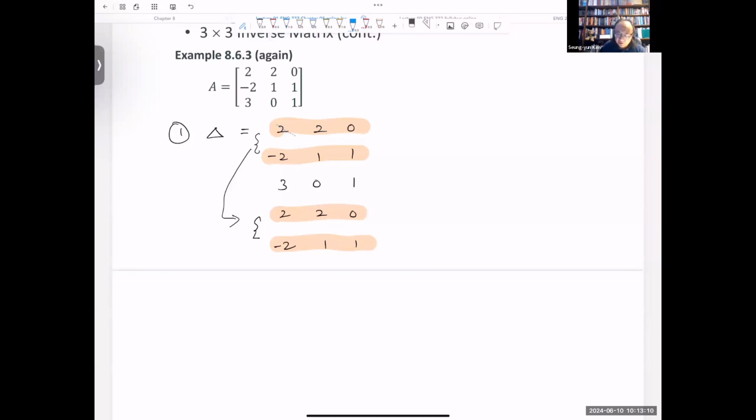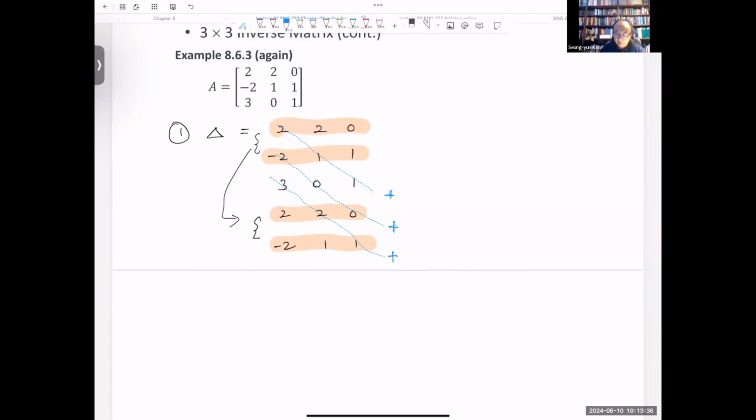The first one is this guy. Second one is this guy. Third one is this guy. Those are the only 3 diagonal lines covering 3 numbers, right? And going from upper left to the right side, that's all plus.